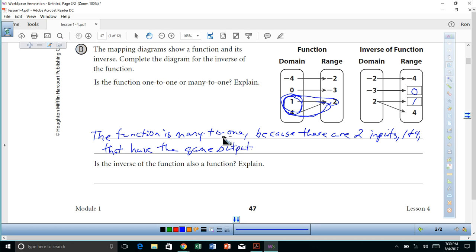Is the inverse of the function also a function? No, it is not. Because the input 2 has 2 different outputs.